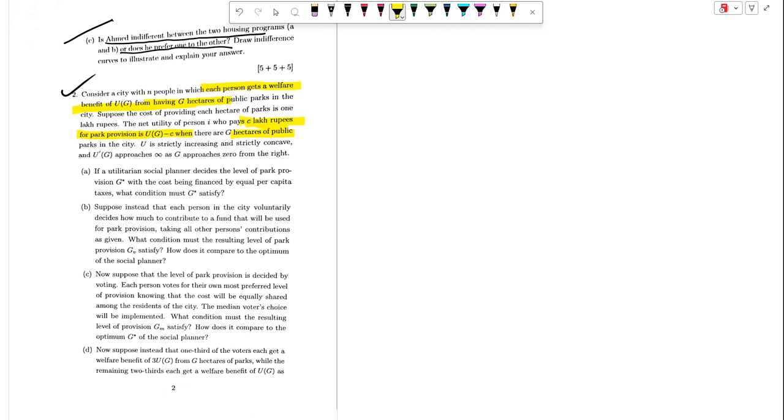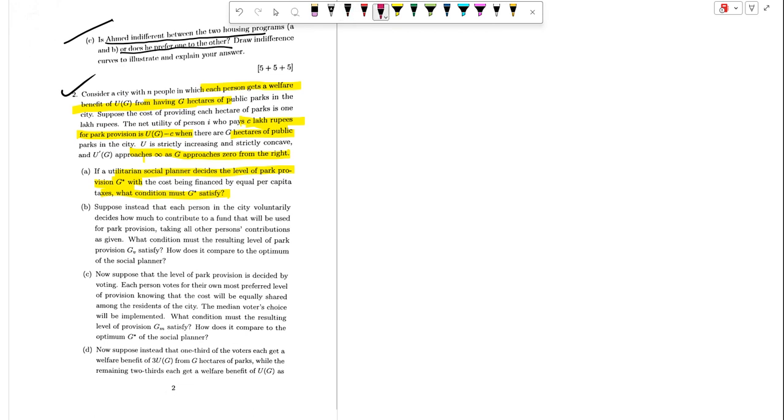U is strictly increasing, strictly concave, and U'(G) approaches infinity as G approaches 0 from the right. If the utilitarian social planner decides the park provision G star, with the cost financed by equal per capita taxes, then what condition must G star satisfy?